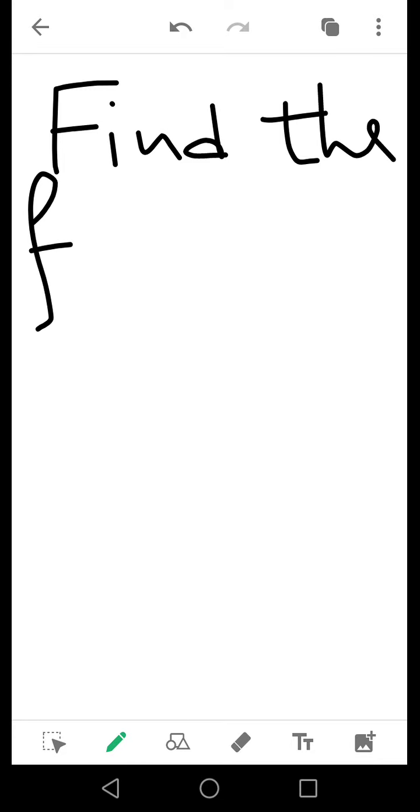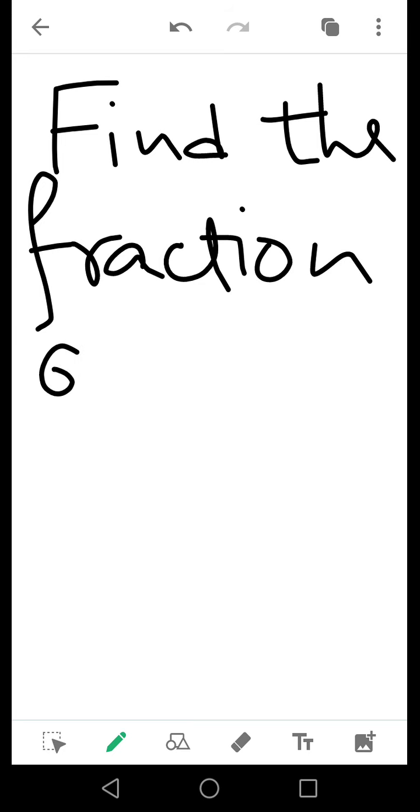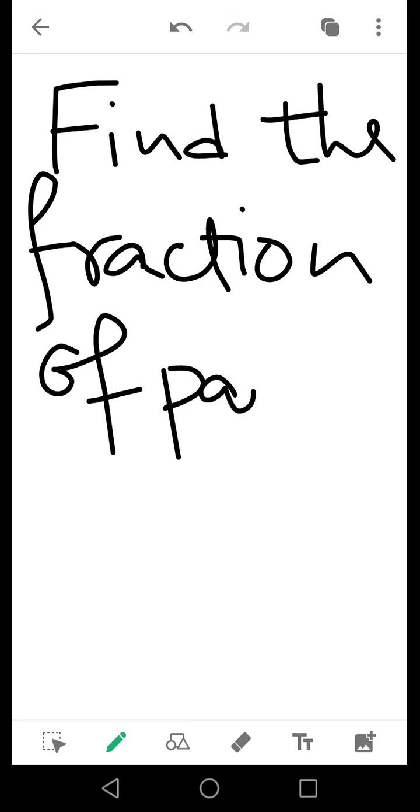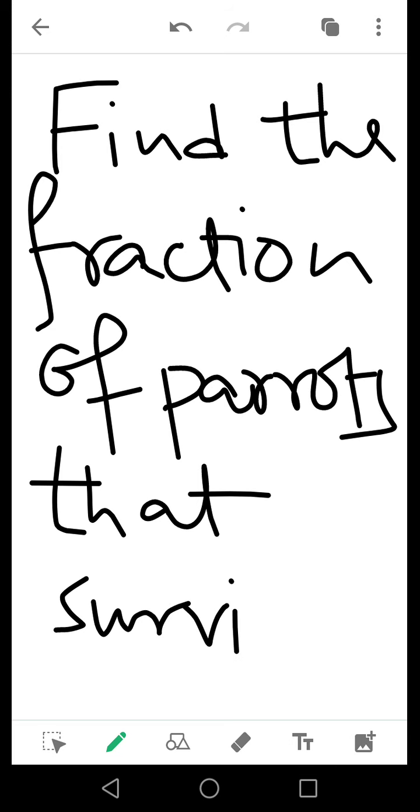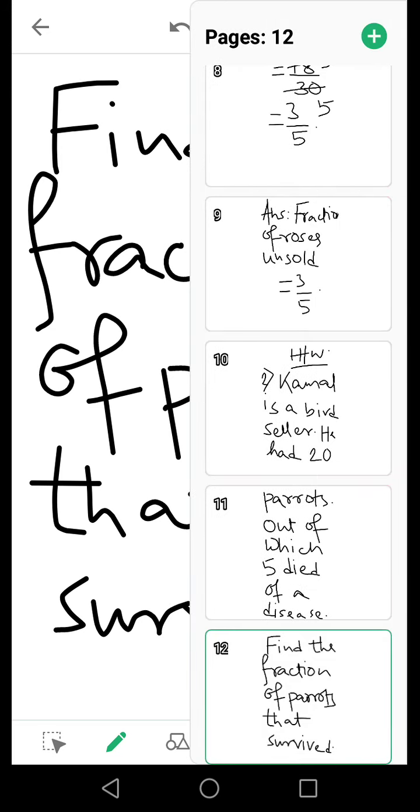Find the fraction of parrots that survived. Survived means that are still alive. Let me read out the question once again.